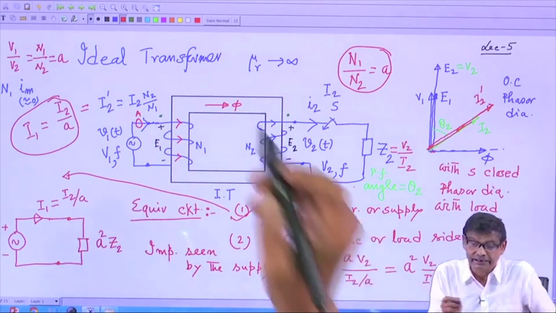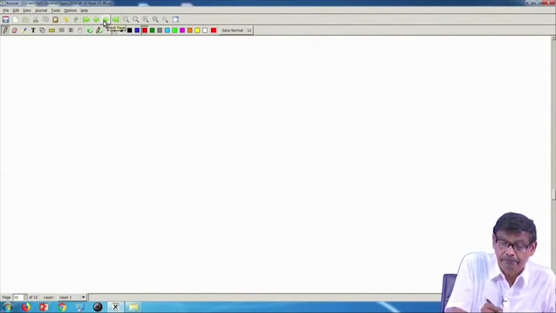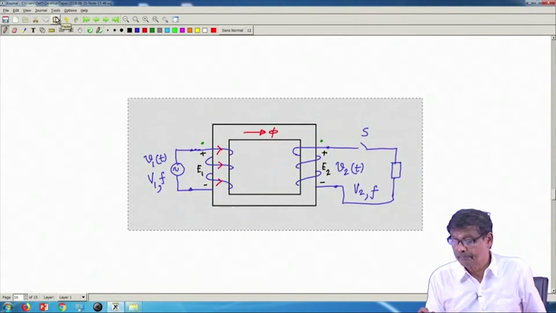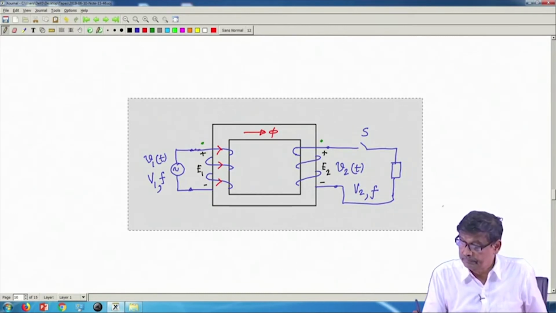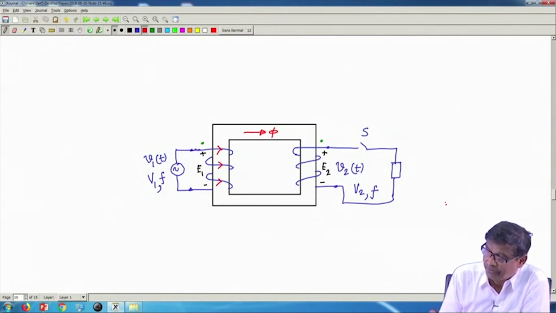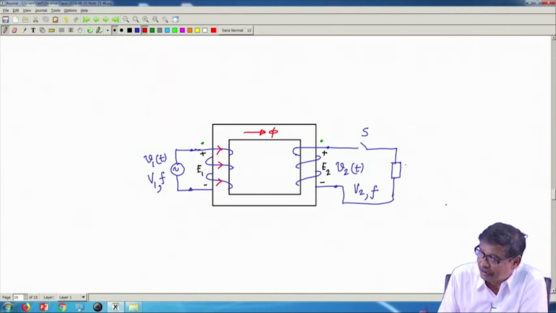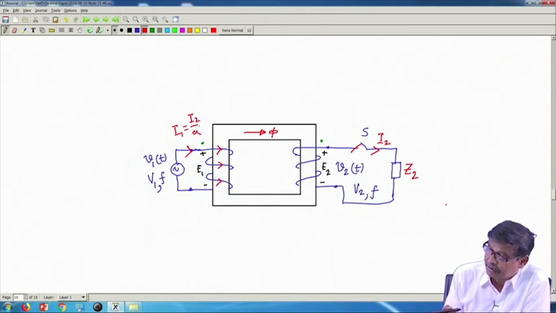Therefore, in the next page, I will now tell you what is the equivalent circuit referred to the load side. So, this was Z2, this switch is closed, this is I2, and recall this current is I1 which is equal to I2 by A, this we have done right now, and this is the situation.